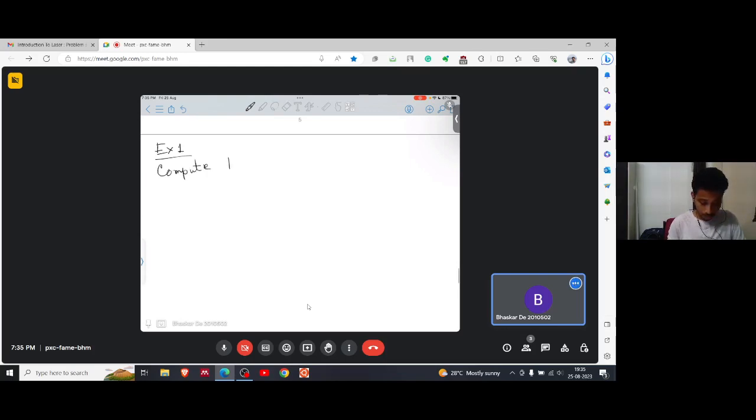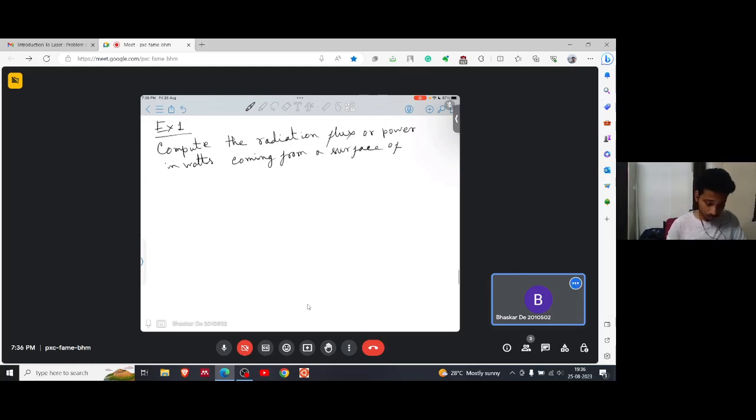Compute the radiation flux or power in watts coming from a surface of temperature 300 Kelvin.